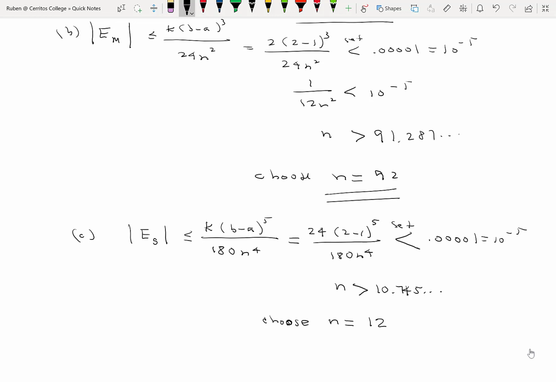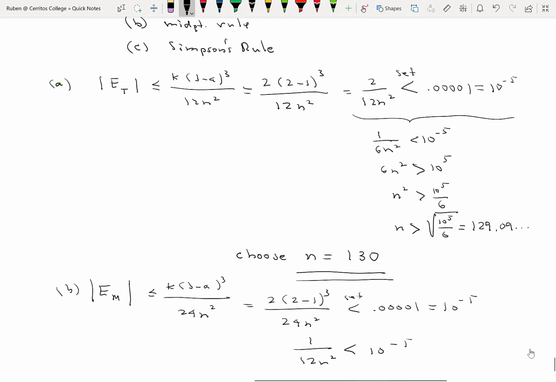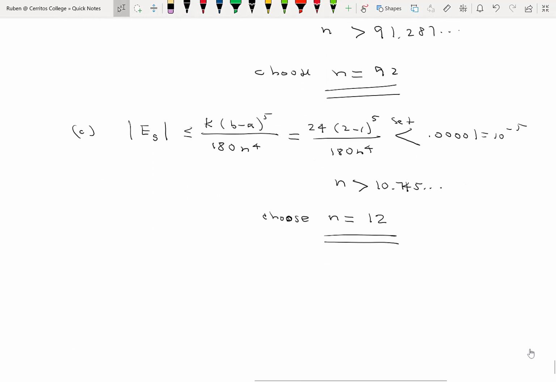So n will need to be 12. 12 computations, 12 subintervals, as opposed to 92 subintervals for midpoint rule, or n equals 130 for trapezoid rule. Simpson's rule rocks. It is an extremely accurate method of integral approximation.